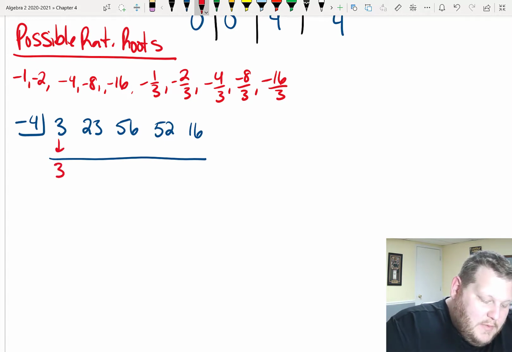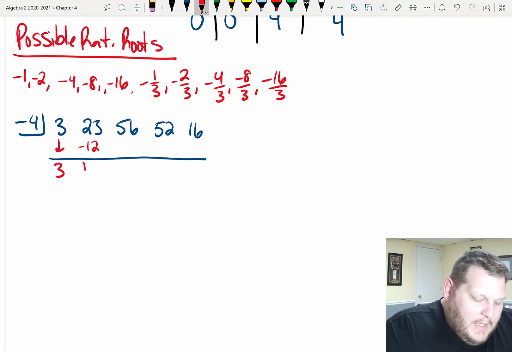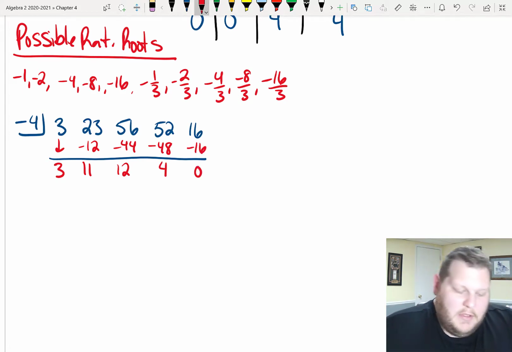Negative 4 times 3 is a negative 12, which adds up to 11. Negative 4 times 11 is negative 44, so that adds up to 12. Right? 6 and 6, yep, there we go, which is negative 48 when you multiply, which is negative 16 and 0. Hey, first guess. Awesome. Negative 4 is one of our roots.